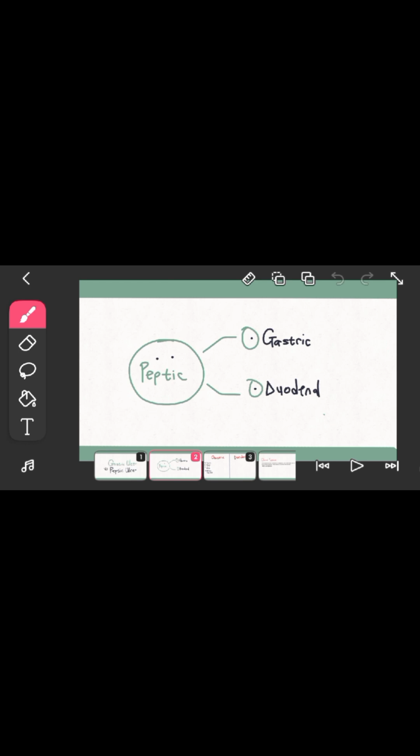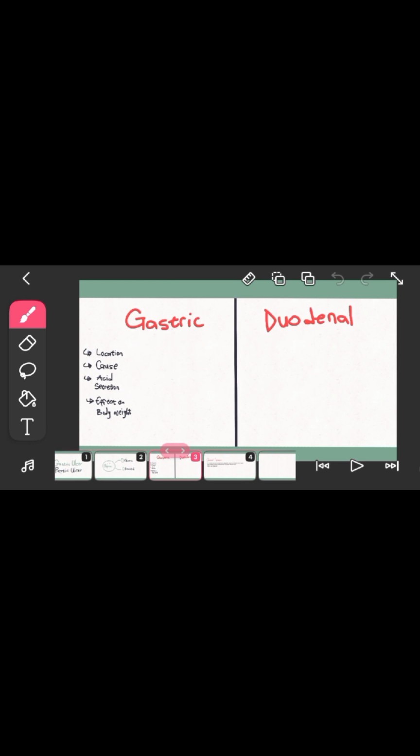Now, how do you differentiate between gastric ulcer and duodenal ulcer? They are different based on what is listed here. Number one, we have location. For gastric ulcer, the location is in the stomach, so the tears are in the stomach.